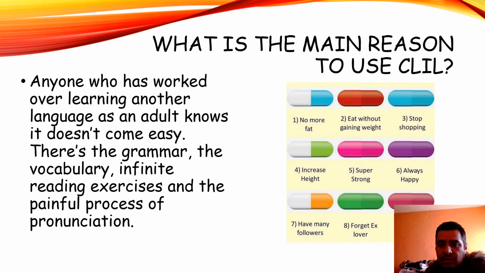People want to get things perhaps by taking a pill, to obtain the result. For example, take the blue pill and stop getting fat, or stop shopping, or a super pill to be happy.